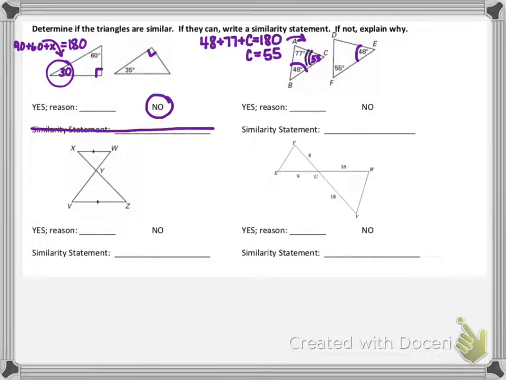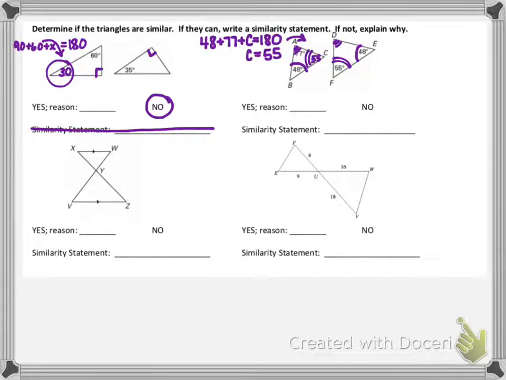So now I know angle C is congruent to angle F. We can also go through and do the math, but we do know that because I have two angles in one triangle congruent to two angles in another triangle, then that means that angle D and angle A are also congruent to each other.